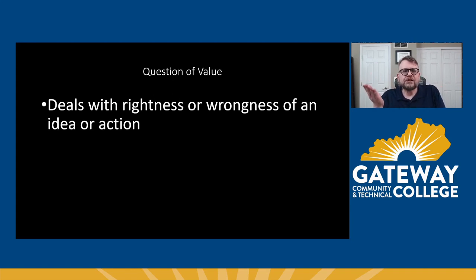Whereas deontology, and by the way, if a philosophy professor heard this explanation, they'd probably have a brain hemorrhage because they'd be like, oh, it's much more complicated. Yes, it is, but this is a basic course, so I'm keeping it simple. Deontology basically says an action is either moral or immoral in a vacuum. You cannot look at the consequences.